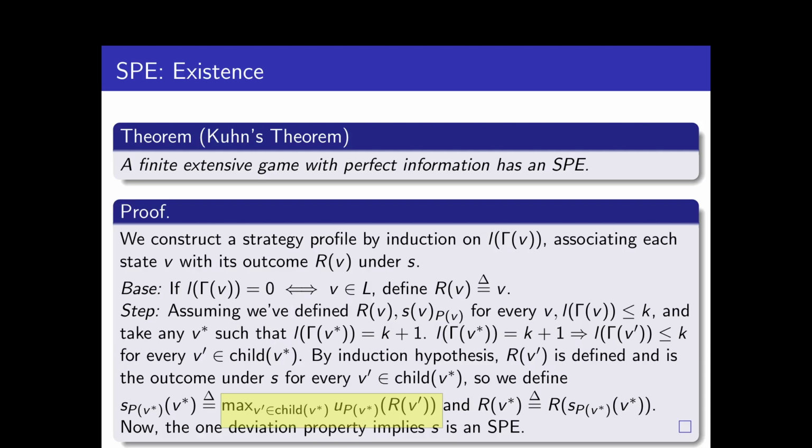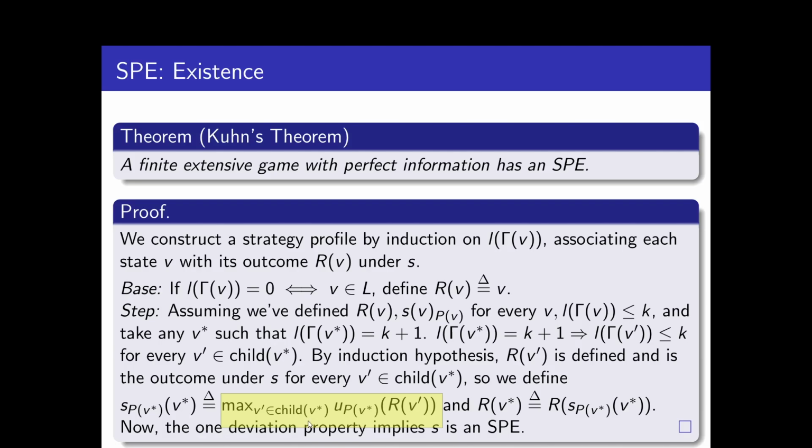And then, of course, we also define the R of this V star as the R of the chosen child.